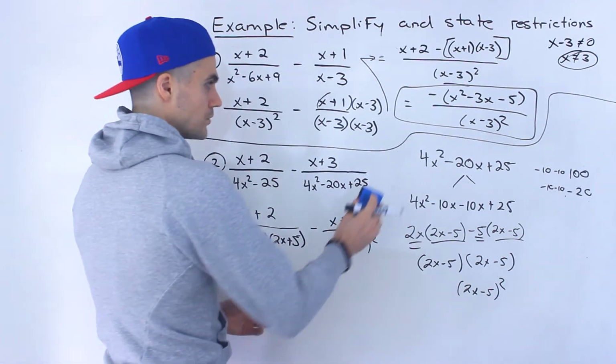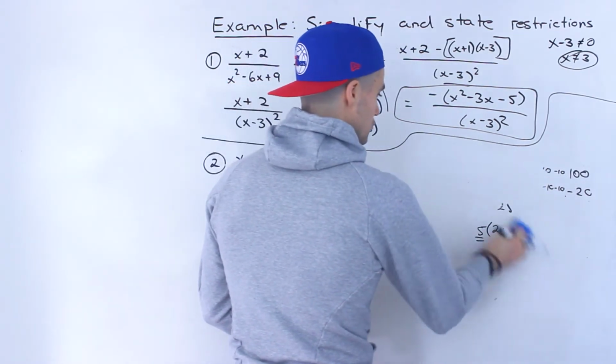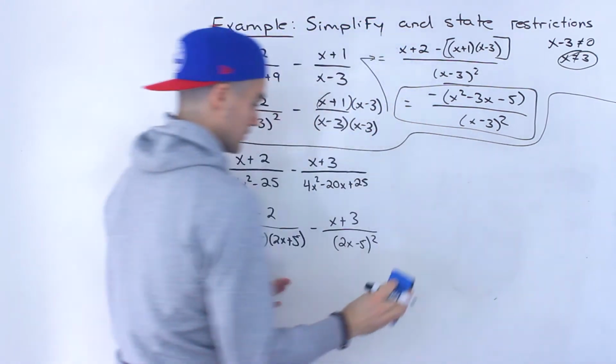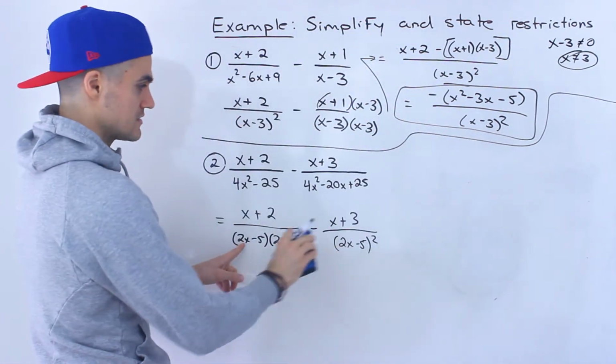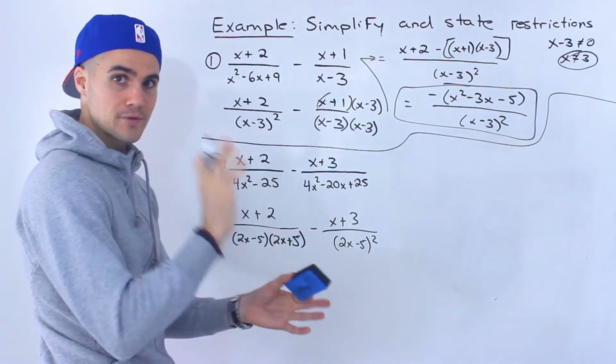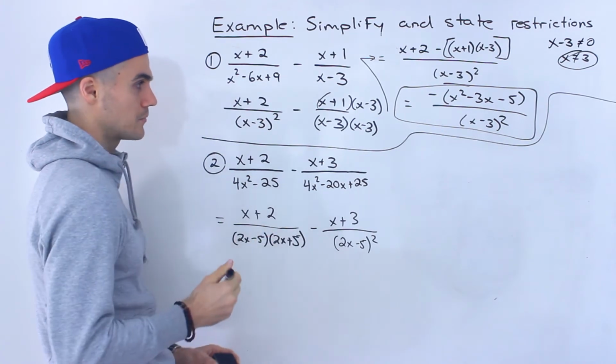And now what we want to do is we want to get the restrictions. So we factored everything. Now we take these factors in the denominators, find out when they equal 0. At those x values, you can't have those x values because they're going to make the denominators equal to 0.